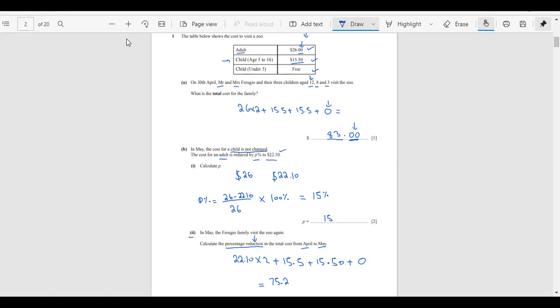And they want you to calculate the percentage reduction. It's about 10%. Okay, and what about you, Sunny? I'm doing. Okay, all right.